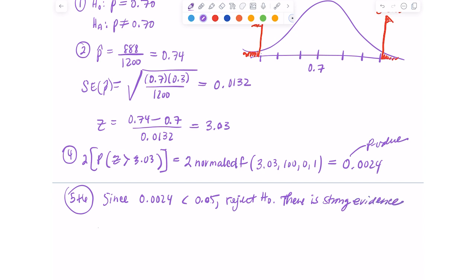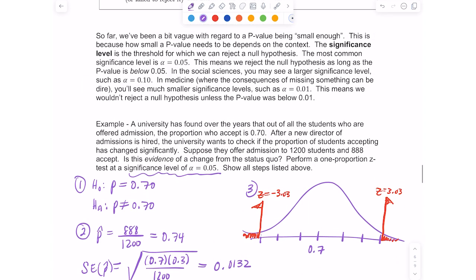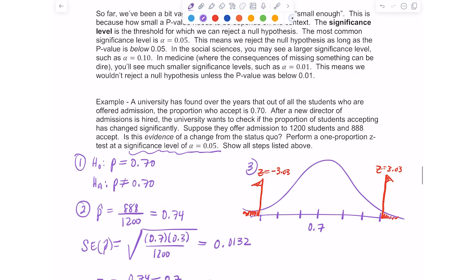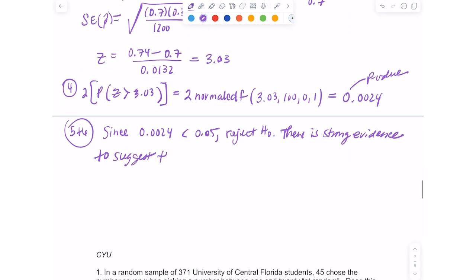So here there is strong evidence to suggest what? Go back to your alternative. The alternative says the proportion is not 0.70. You can also phrase it as there is a change in the status quo.